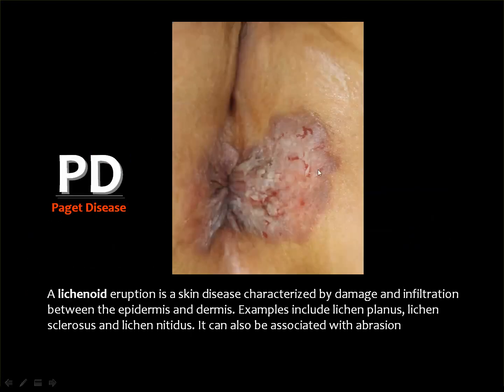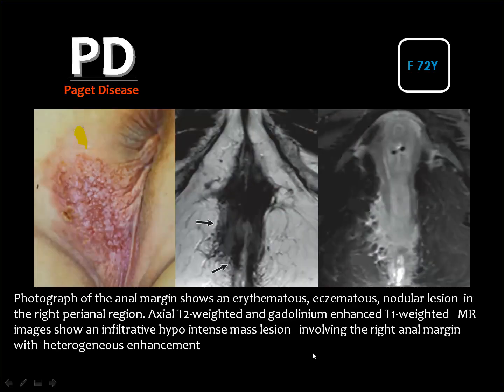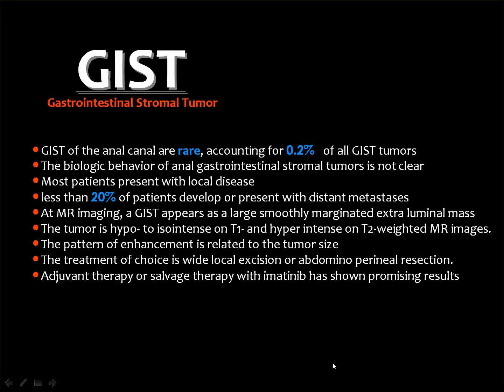But as I have mentioned before, this may be considered a skin disease and is diagnosed by inspection and by having a biopsy from this lesion, but rarely you may need the help of imaging to see the invasion of the deep structures like the anal sphincters, for example, before doing surgery.